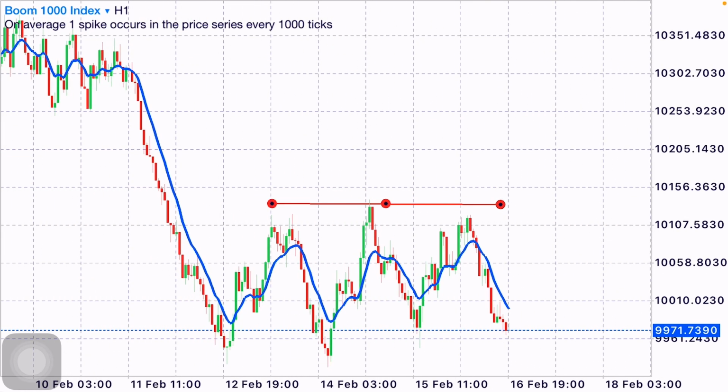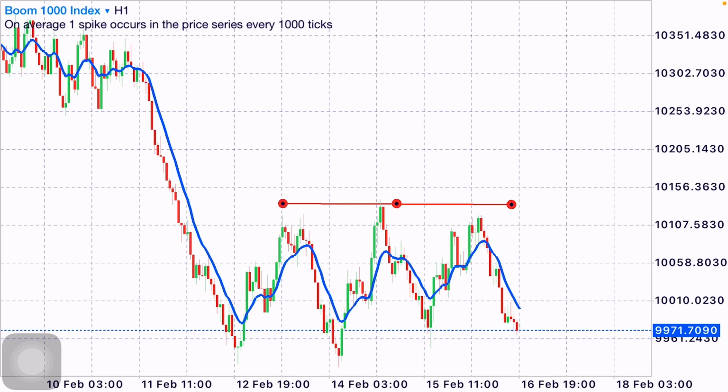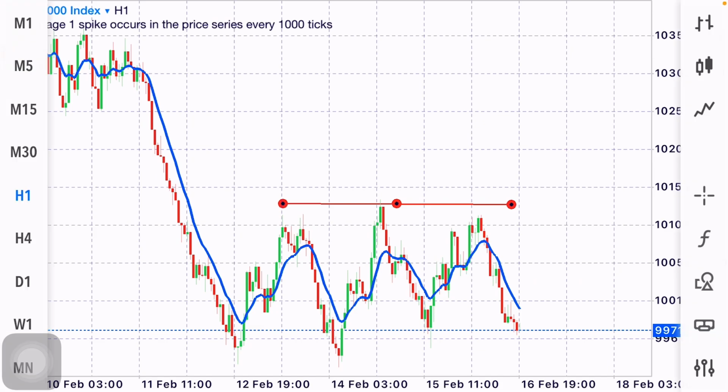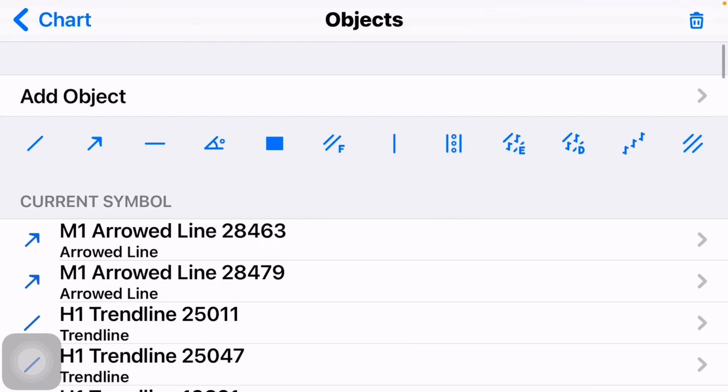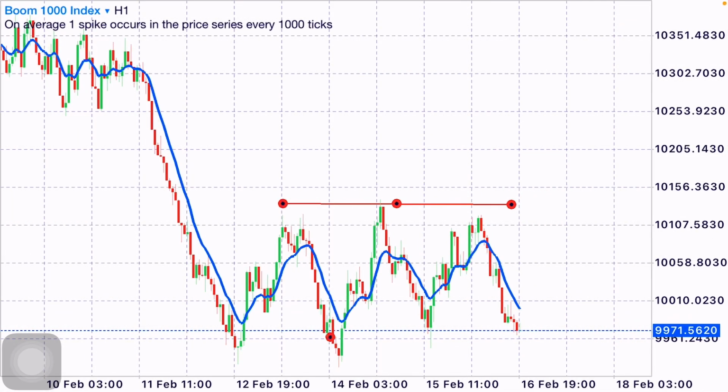So this is how you can place, okay, this Boom 1000. Now you can place your trend line down here like this. So supposing if the market crosses this trend line, you know it's a sell market.